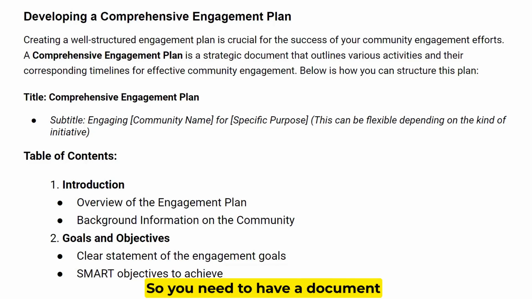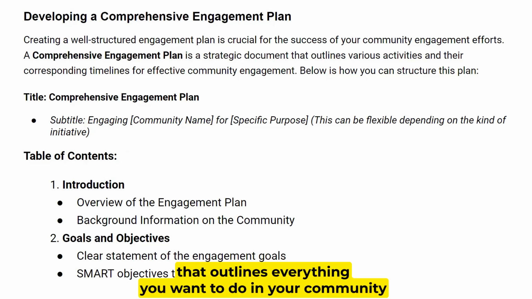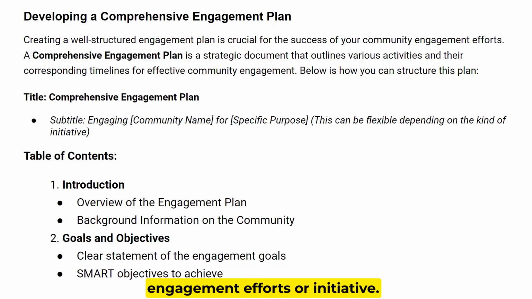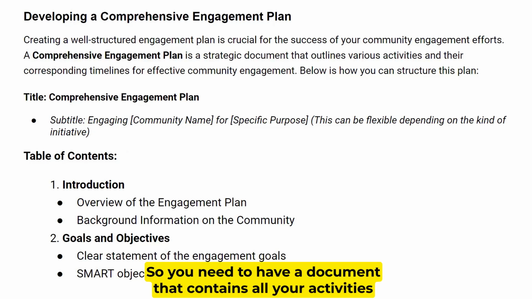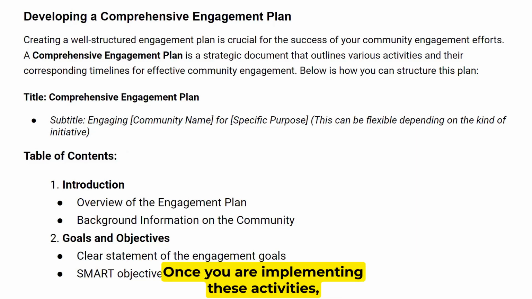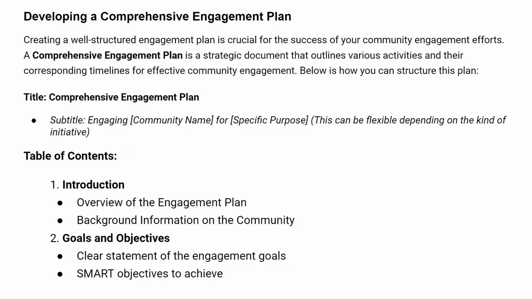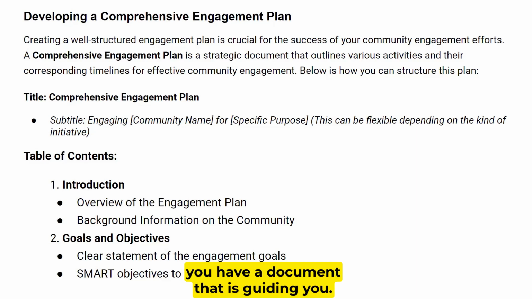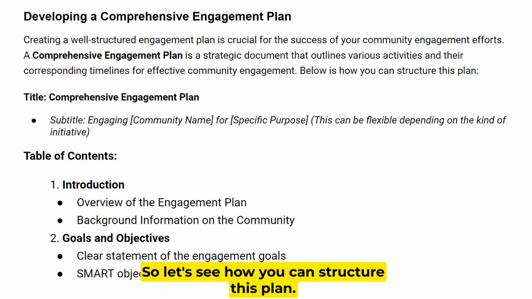So you need to have a document that outlines everything you want to do in your community engagement effort or initiative, containing all your activities, so that once you are implementing these activities, you have a document that is guiding you. So let's see how you can structure this plan.